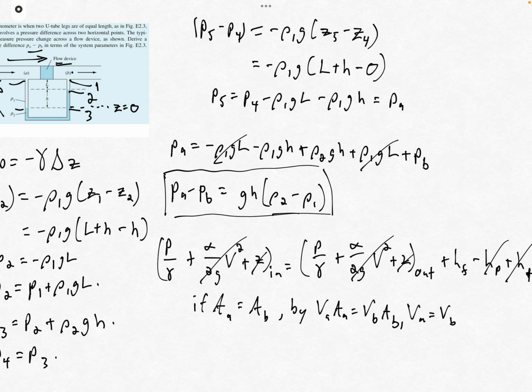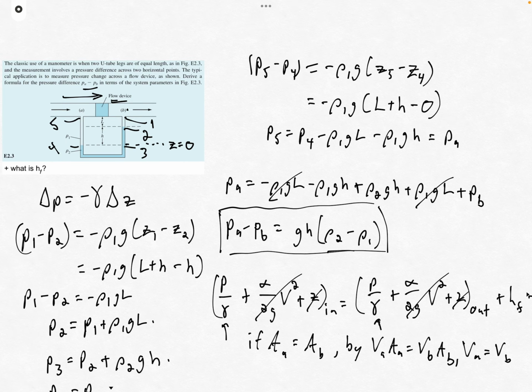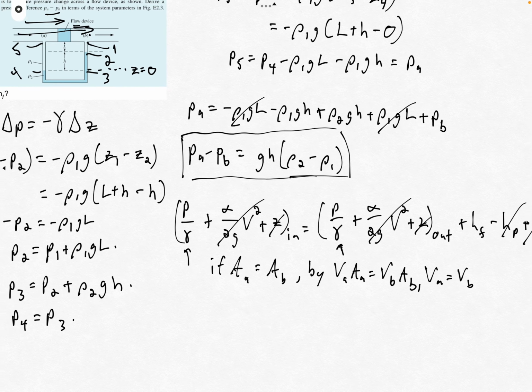But before we do that, we have to resolve what this gamma is, right? And this is a little bit confusing, because there's a couple of densities that we have within this problem. But when we're considering this expression here, this is all written in terms of what's happening within the flow through this device, which is all within fluid 1. So this is all gamma for fluid 1.